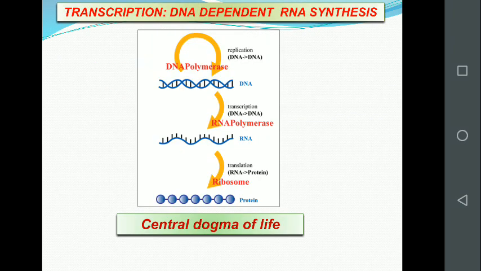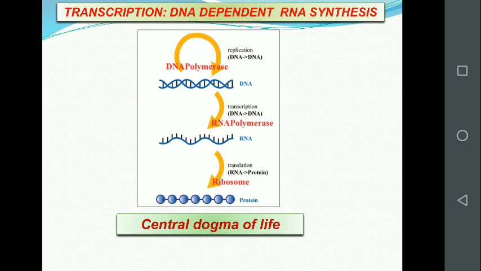In the previous video lesson, we have seen the central dogma of life, which is how the information flows from the nucleotide level, that is from DNA level, to protein level. So we have the information in the form of nucleotide sequence in DNA molecules, that is in genes. From the genes, in the transcription process, RNA transcript or RNA will be formed.